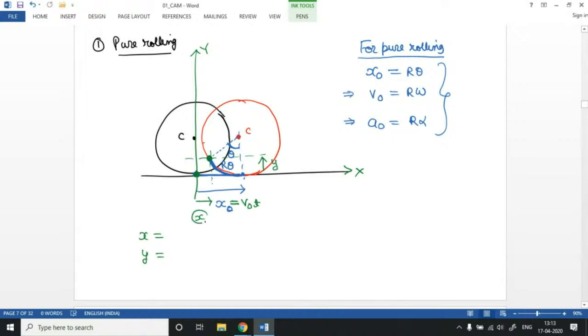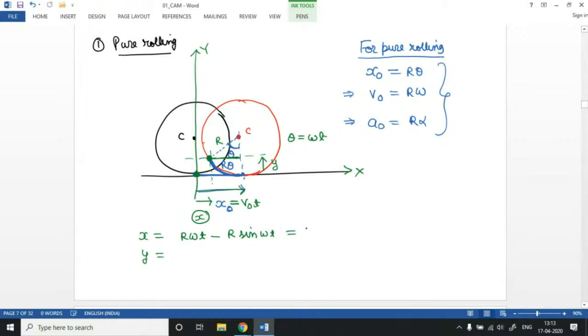The x coordinate would be this distance, which is v naught t, which you can say is r omega t, minus this. This is r, and this would be r sine theta, and theta will be equal to omega t. So r omega t minus r sine omega t.